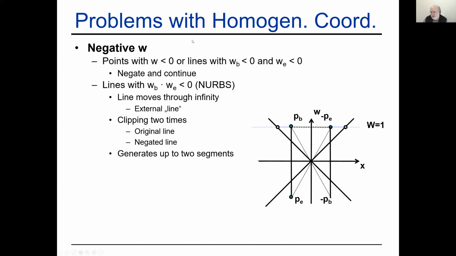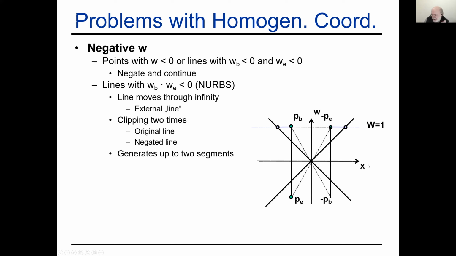So let's look at a line between a beginning point here and an end point here, where the coordinate system is slightly different. It's very hard to draw 4-dimensional coordinates, so here we're doing a 2D slice.